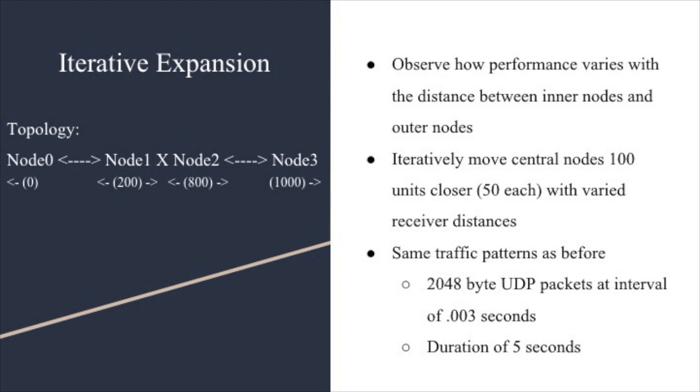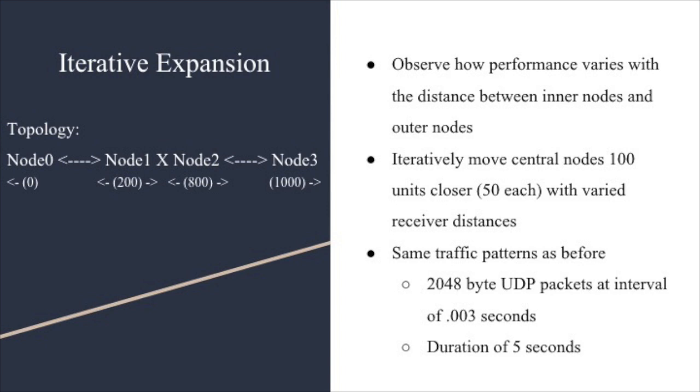After seeing how we performed in relation to the base case, we wanted to expand on it in a way that we deemed the iterative base case expansion. This involved a similar approach of varying the two inner node positions in relation to each other, and then moving the receiving nodes further away from each other, and repeating the same experiment. Essentially this observes how performance varies with inner node position as well as outer node position.